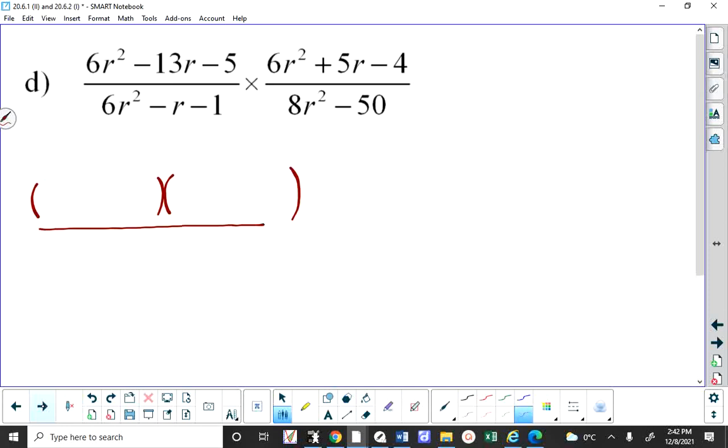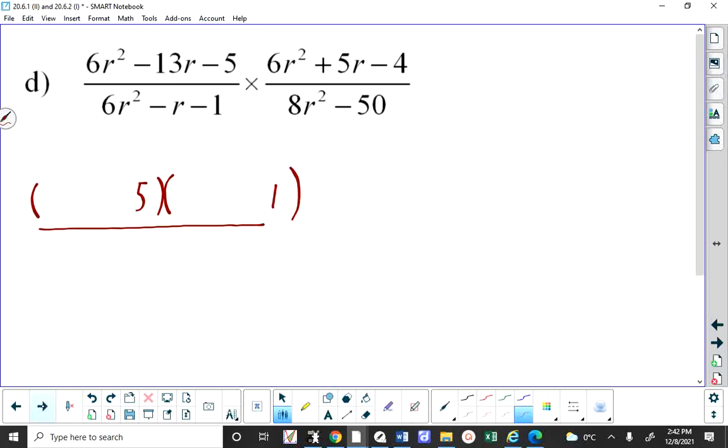So I'm guessing it's 5 and 1. That's not really a guess. It has to be 5 and 1. The 6 doesn't have to be 3 and 2, so I don't have to write 3r and 2r. Maybe it's 6r and 1r, but we've learned through experience that more often than not, it's numbers that are closer together.